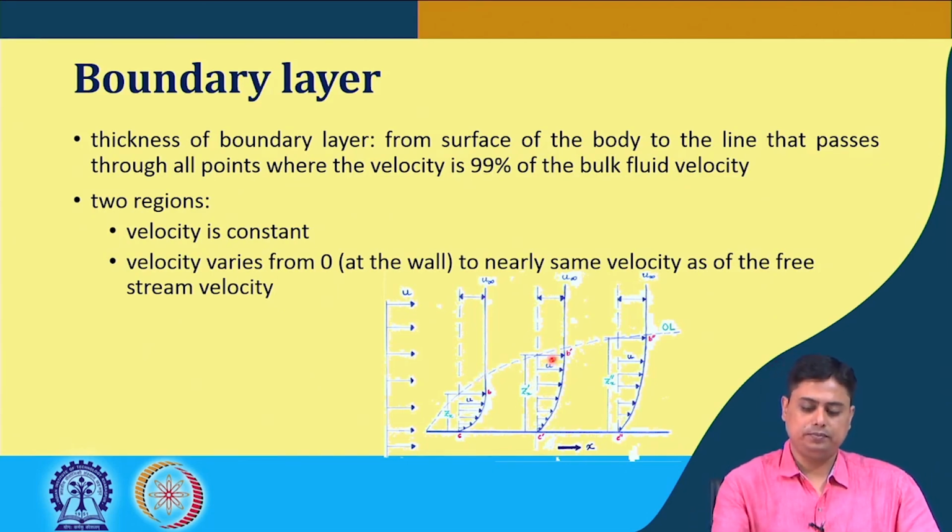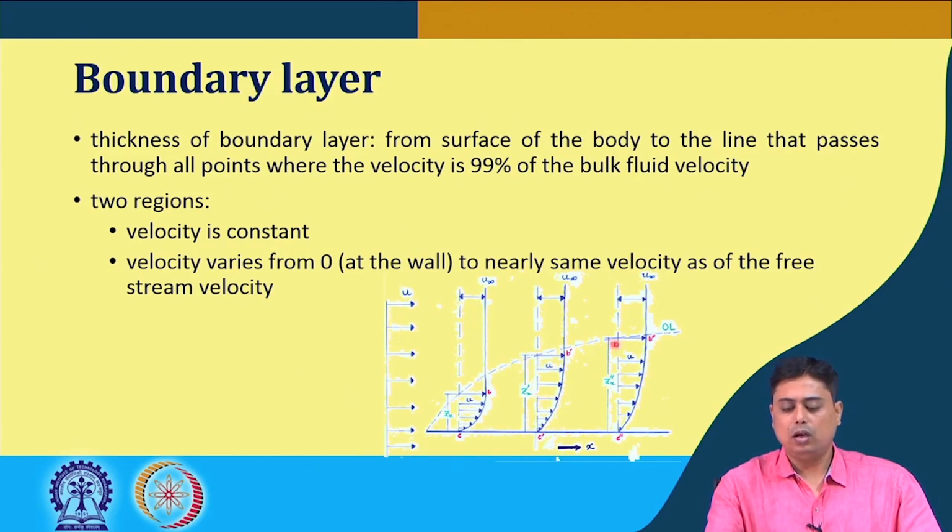So, in this case, the distance from the leading edge to this point, so let us say here the velocity is profiled like this, and here at this point the velocity is the 99% of this bulk velocity or the approach velocity. There we select the point. So, similarly, from another distance from the leading edge, we find out that point, but remember these are all imaginary points.